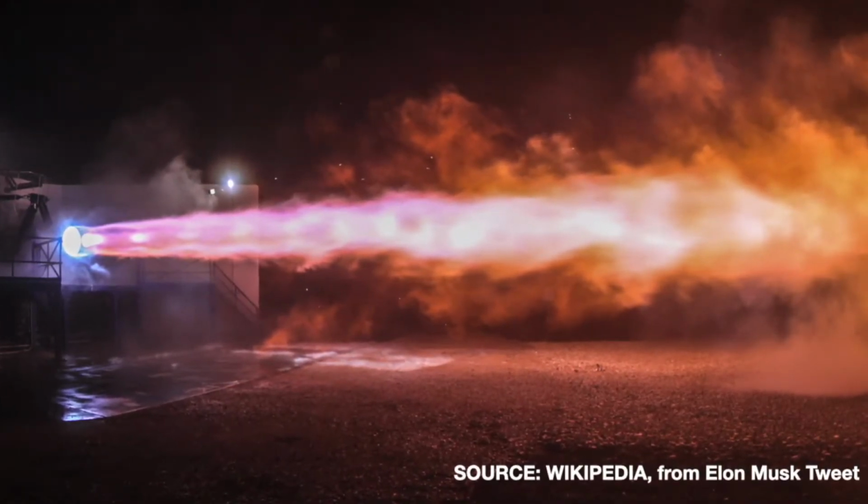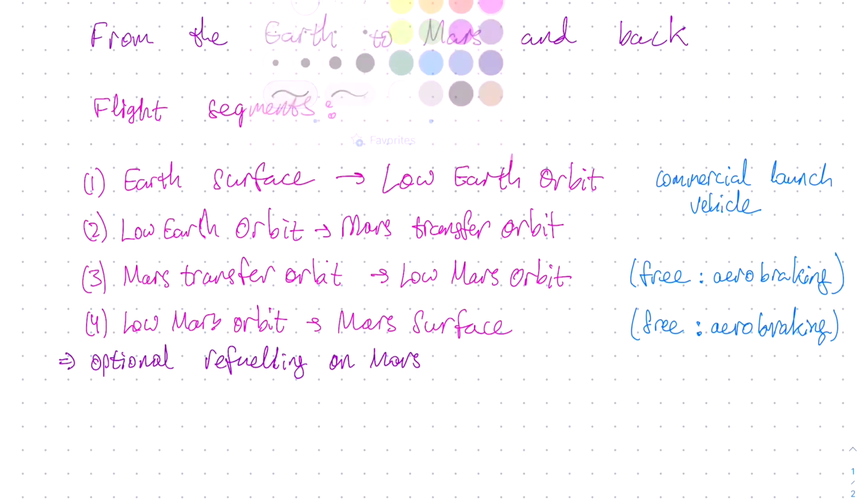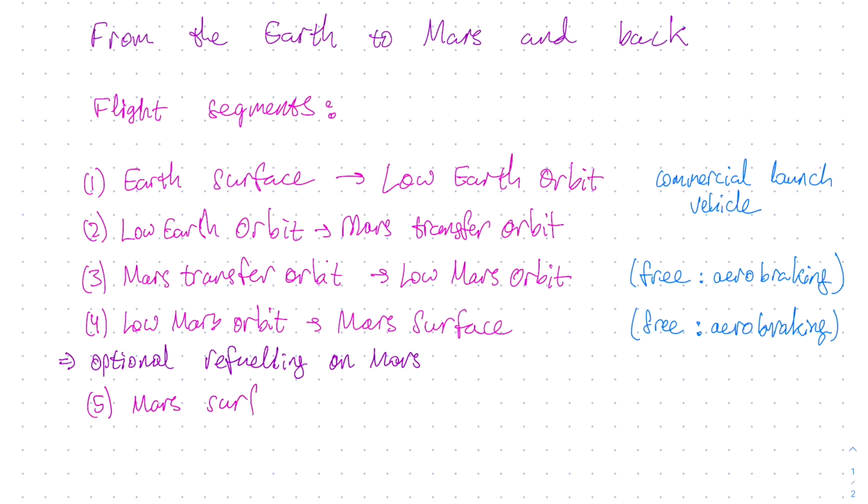At the end of their stay on Mars, the spaceship needs to be launched from Mars surface and go into low Mars orbit. For the purposes of our mission planning, the delta V required to get to low Mars orbit can be simply estimated to be equal to the velocity of low Mars orbit at, say, an altitude of 100 kilometers.